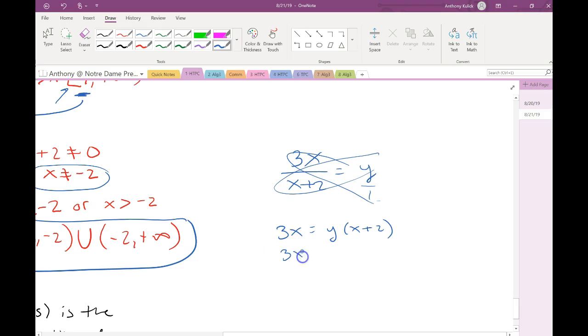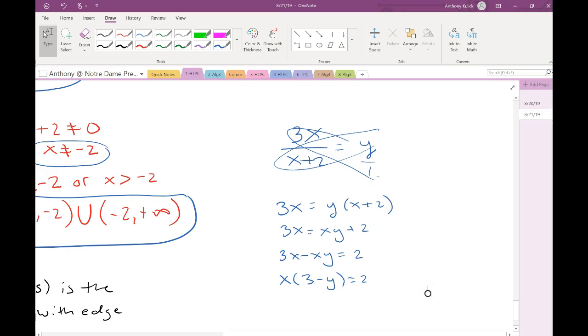And then we can distribute that y through. We can move all the x's onto one side. We can factor out an x on the left-hand side. And then divide both sides by 3 minus y.